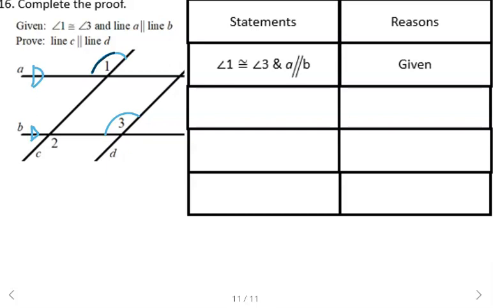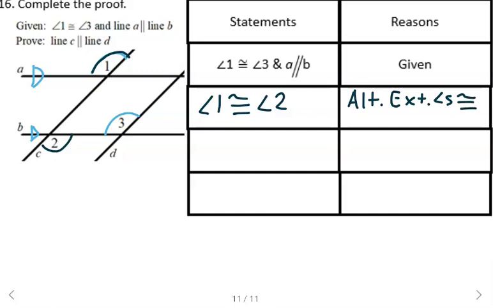So angle 1 and angle 2 are alternate exterior, so they must be congruent. If you have parallel lines, alternate exterior angles are congruent.